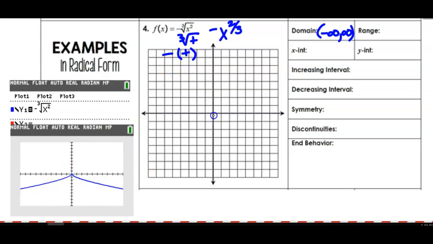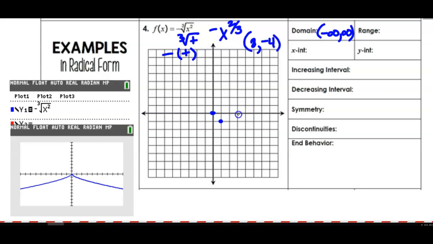All right, if you put a 1 in, you get out a -1. Put a 0 and you get out a 0. I think a nice number, let's see. If I put an 8 in and squared it, I get 64. And the cube root of 64 is 4. And then there's that negative.